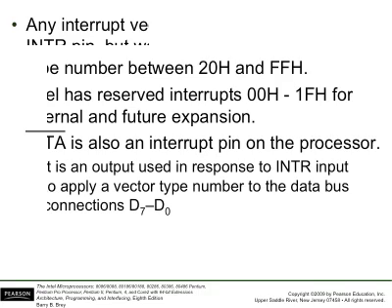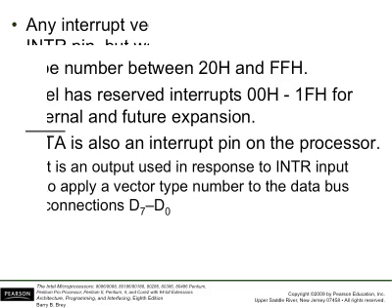INTR is a single line pin. So we can assert this signal if we want to generate an interrupt. But the actual interrupt number has to be sent to the microprocessor. And how do we do that? How do we send the vector number to the microprocessor?